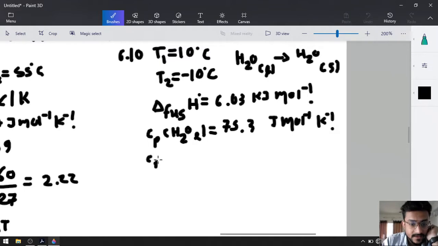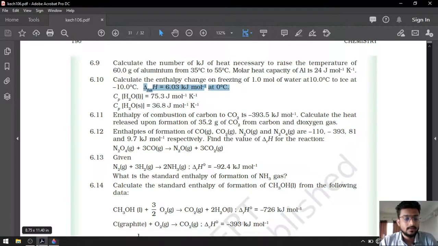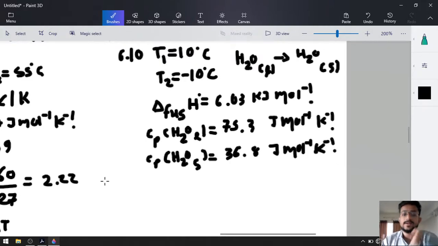And likewise they have given Cp value for H2O gas, sorry, not gas, for solid. It is equal to 36.8 joule mole inverse Kelvin inverse. So this reaction takes place in 3 steps.